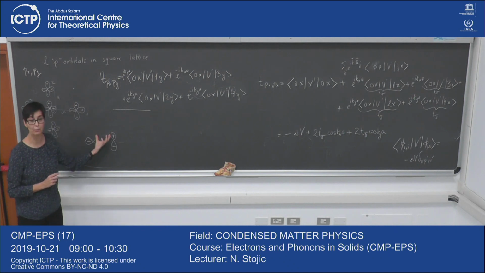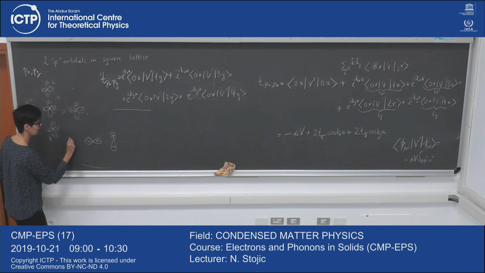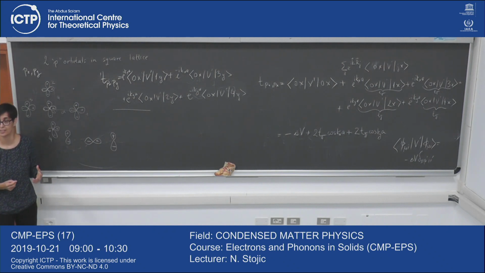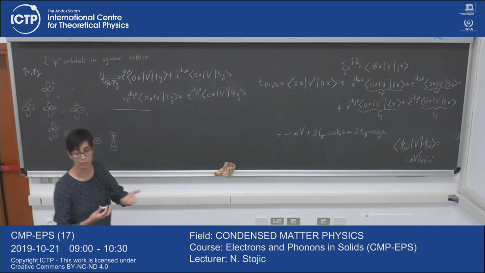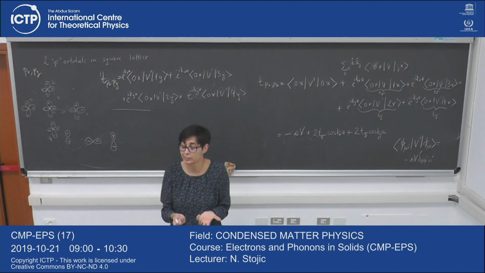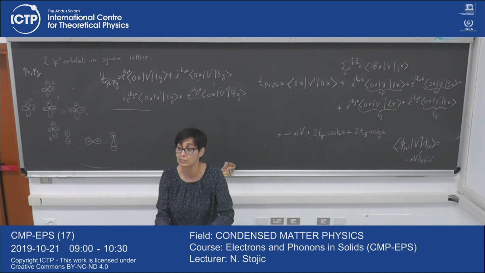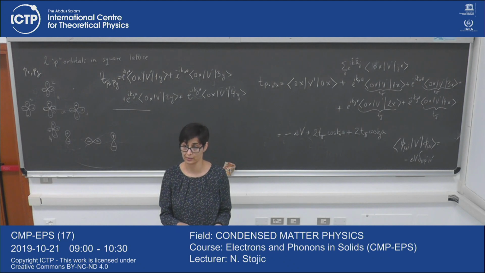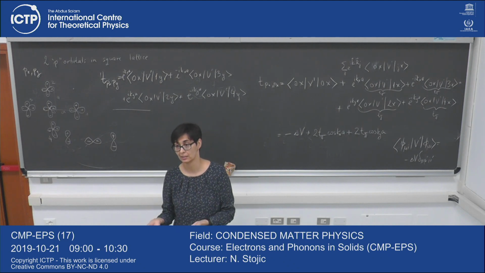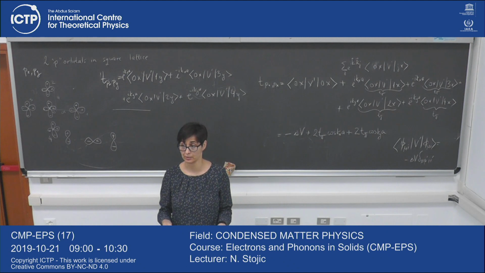You create a cloud here, the bonding in the other direction. Whatever happens in the crystal has to preserve the original symmetry of the crystal, which is a square lattice, which has reflection symmetries.